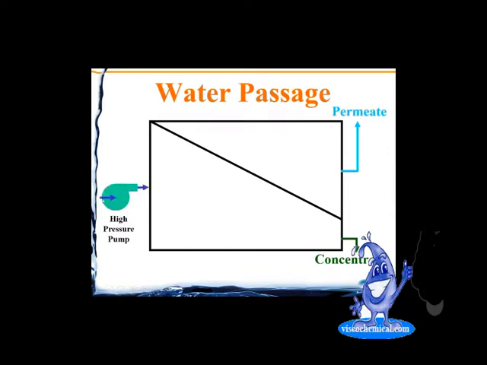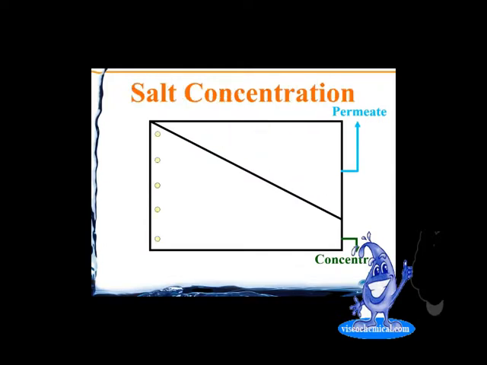We take a pre-treated feed water, send it to a high pressure pump, we pressurize it, and then due to the net driving pressure that we supply, we're going to force a lot of water molecules to go through the membrane. And we call that permeate when it goes through the membrane.